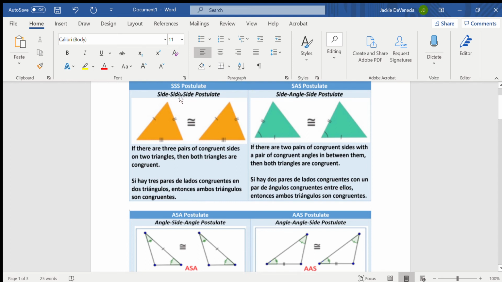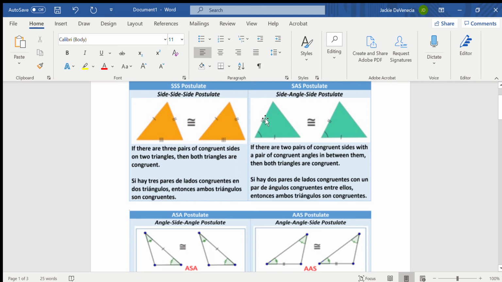So up here we have the side, side, side postulate. What's going on over here, if you're able to find three matching sides, you can just say the whole triangle is congruent. You don't have to go in and find all the matching angles as well. For side angle side postulate, you just have to find those two pairs of matching sides, and then that one pair of matching angles that are in between them, right?